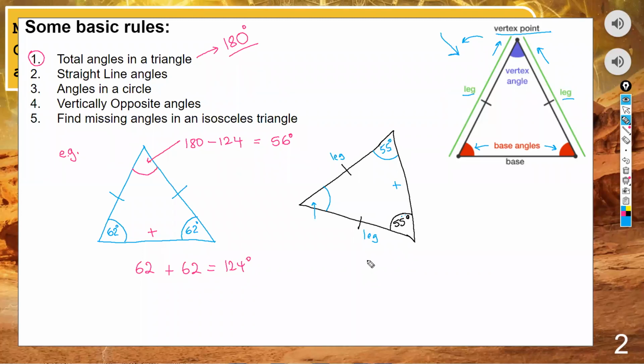Right? 55 plus 55 is how much? 110 degrees. To find him, we take 180 and minus 110, and I think we will get 70 degrees. You have to be very, very careful in an isosceles triangle.